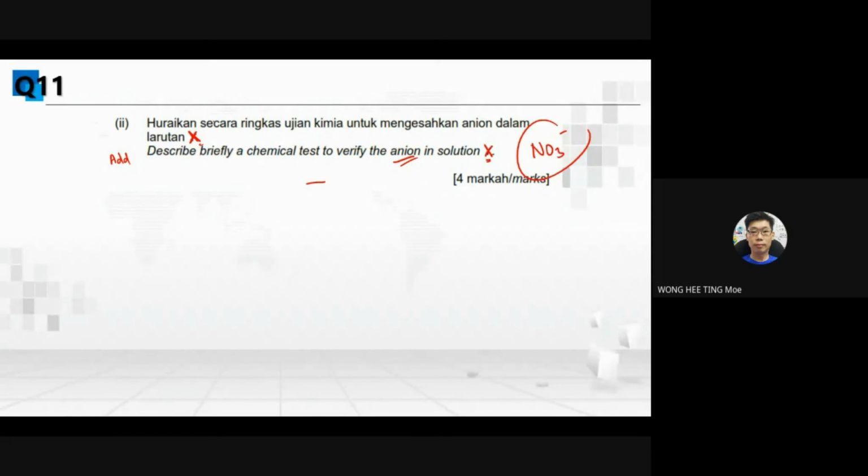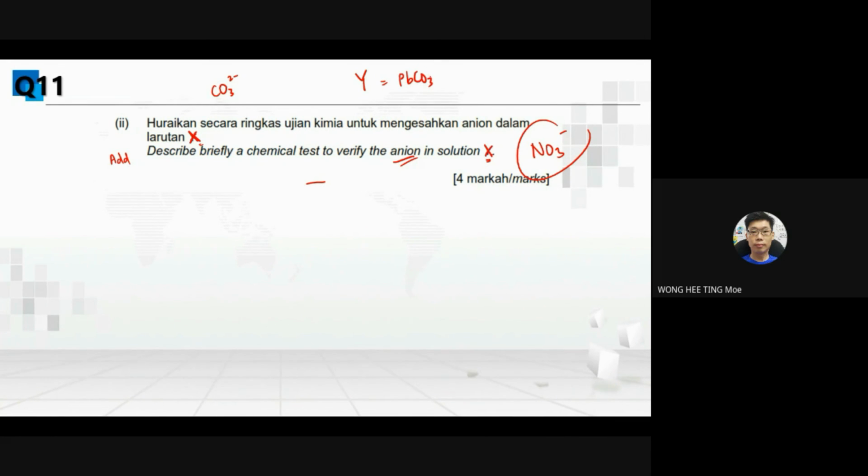If it asks you to verify the carbonate ions, for Y it is not possible, because it is lead carbonate. Lead carbonate won't be able to form carbonate ions because it is not soluble in water.